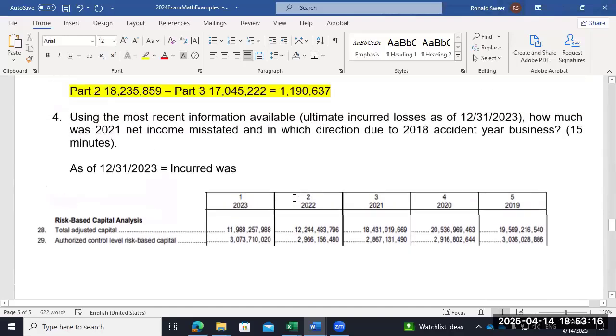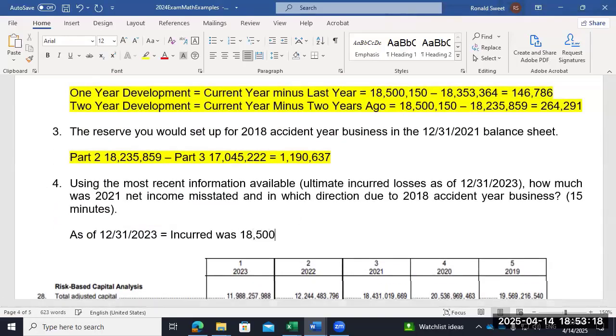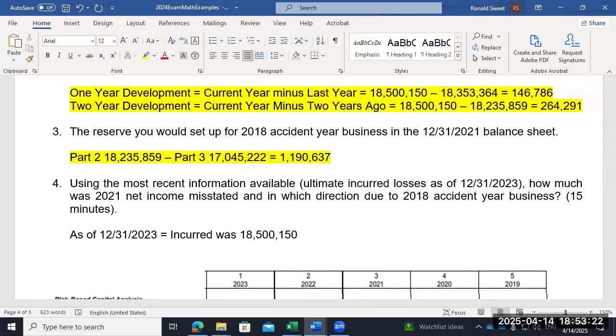We've seen that number before. That was the 12/31/2021 incurred.